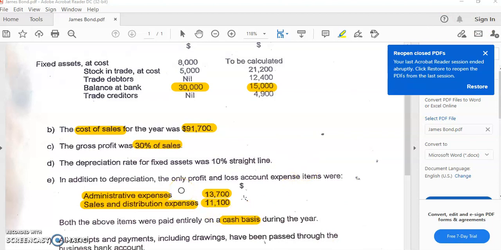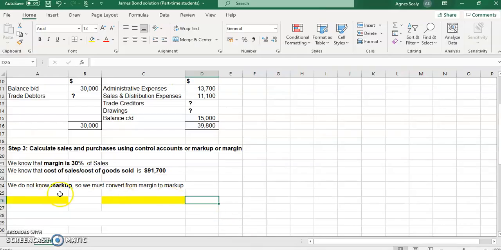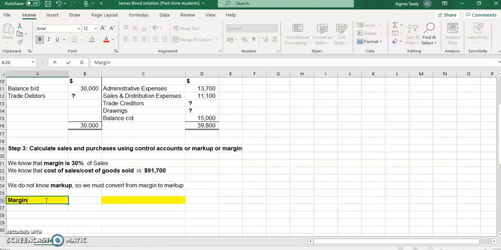So we know that our margin is 30%. We know our cost of sales is $91,700. So we are going to convert this margin to a markup. Margin is equal to 30%.